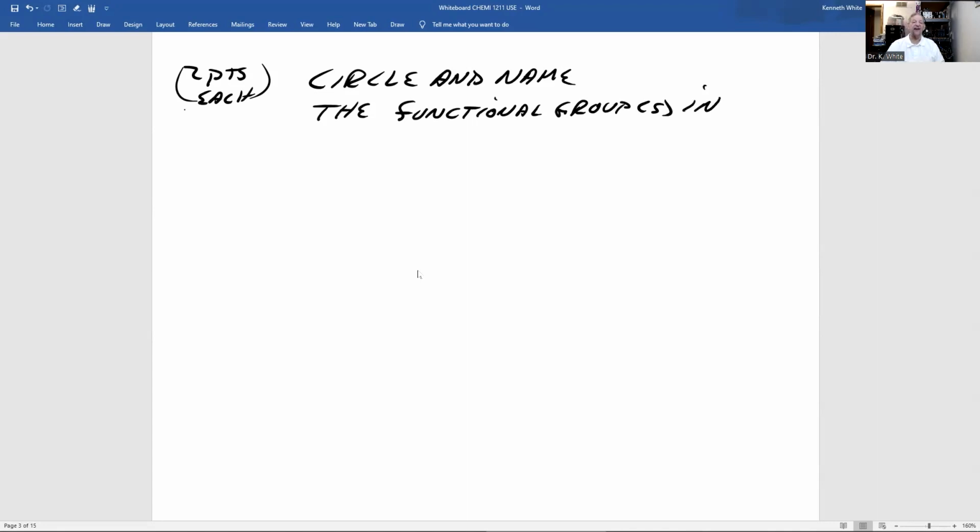Let's play that fun game. Circle and name the functional group or groups in the following molecules.